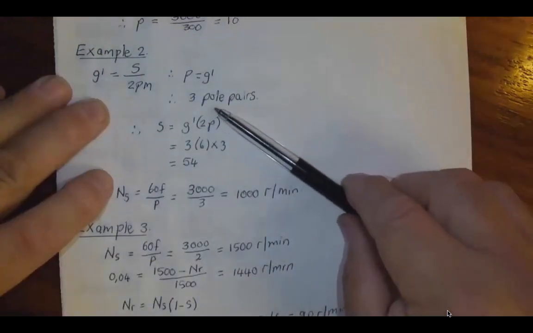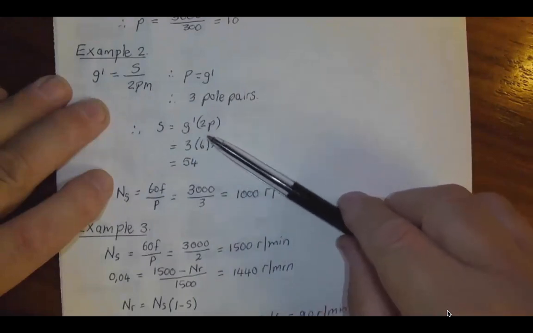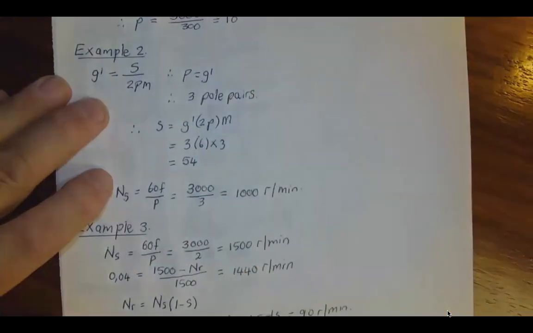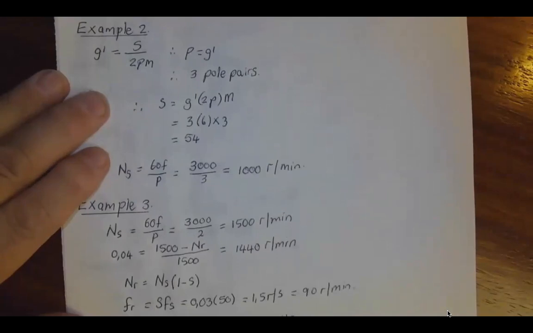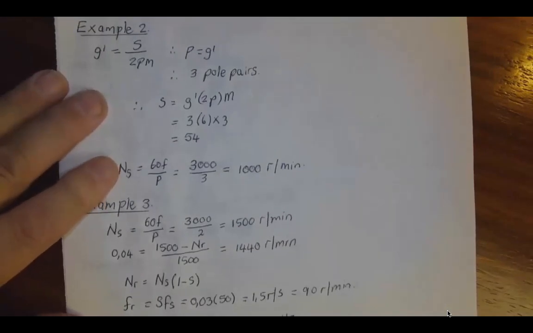So here we have 3 pole pairs, and then S is G dash times 2P times M. And that gives us 3 times 6 times 3. That means we have 54 slots. And then the synchronous speed is going to be 3000 divided by 3. That is 1000 revs per minute.